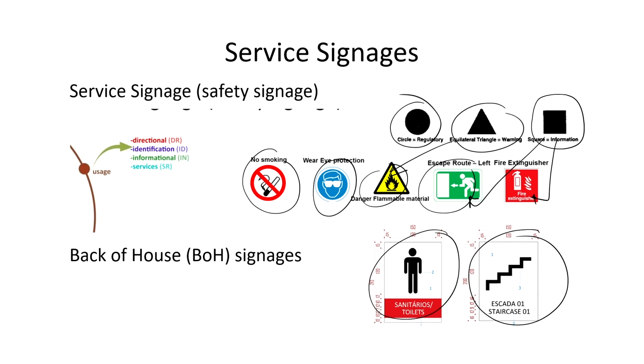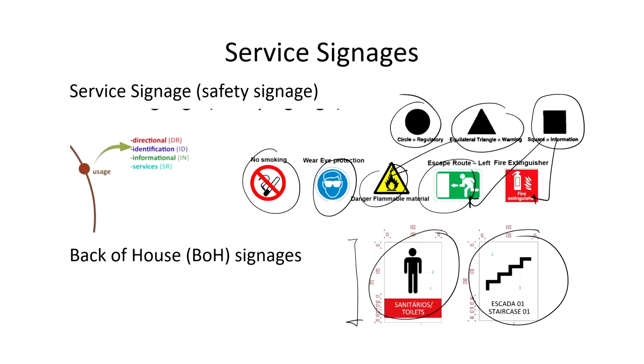For example, most of the signs, if you look at them, look like identification signages, which give you identification, okay, this is toilet and this is staircase. But see, the color and the material are entirely different. How can we identify which one will be used for back of house and which one will be used for the front of house?